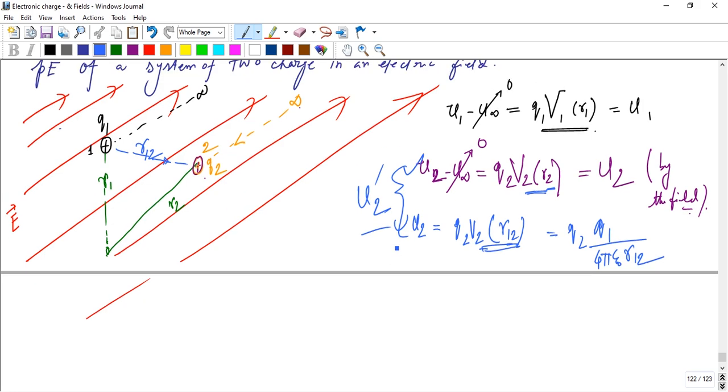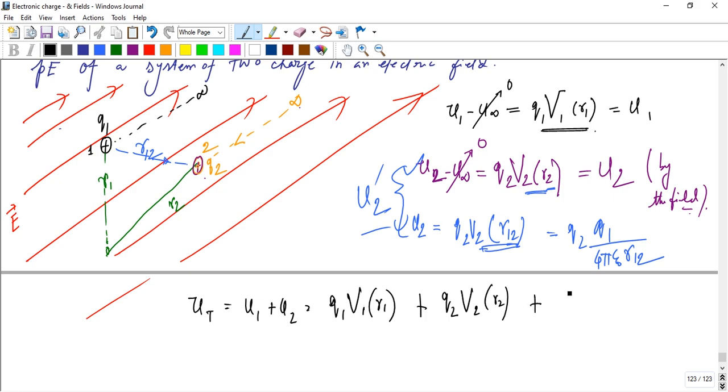So the total potential energy of the system obeys the superposition principle. U total is Q1 times V1 of R1, plus Q2 times V2 of R2, plus Q1 Q2 by 4 pi epsilon naught R12.